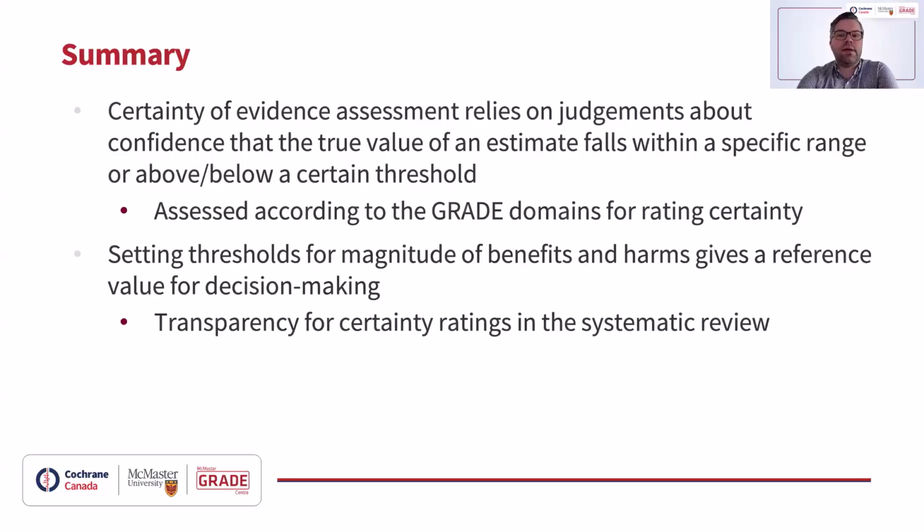What setting decision thresholds as part of our reviews allows us to do is to have transparency for our certainty ratings. Users of the systematic review may apply different decision thresholds for their context, perhaps a different decision-making setting, or there may be supporting evidence that there are cultural differences where people would place different value on the outcomes.